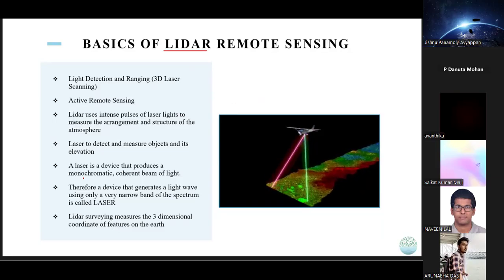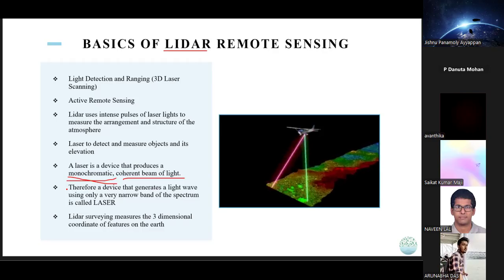Monochromatic means it uses a single electromagnetic radiation, and mainly it uses green and NIR radiation, because as we have seen, NIR and green waves have more reflective properties. So that is why a laser uses a single electromagnetic radiation, and that is why it is known as a monochromatic beam.